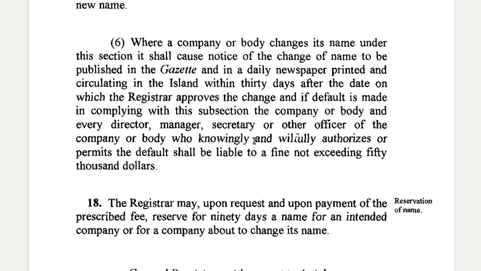So, if a director did not know or did not allow this breach to occur, they wouldn't be fined. But once the director knew about the breach or facilitated or committed the breach, then they will be fined. So once the name of your company changes, you must advertise that change of name in a daily newspaper.